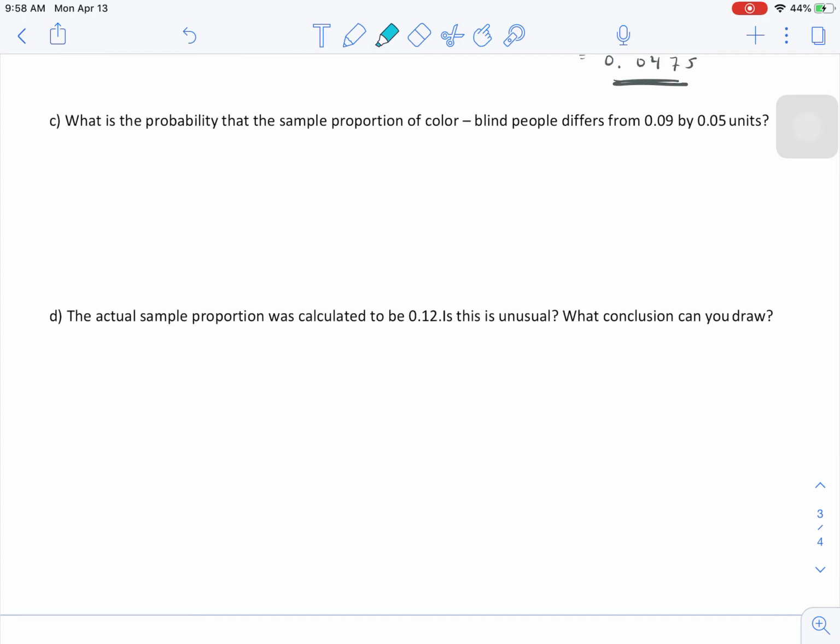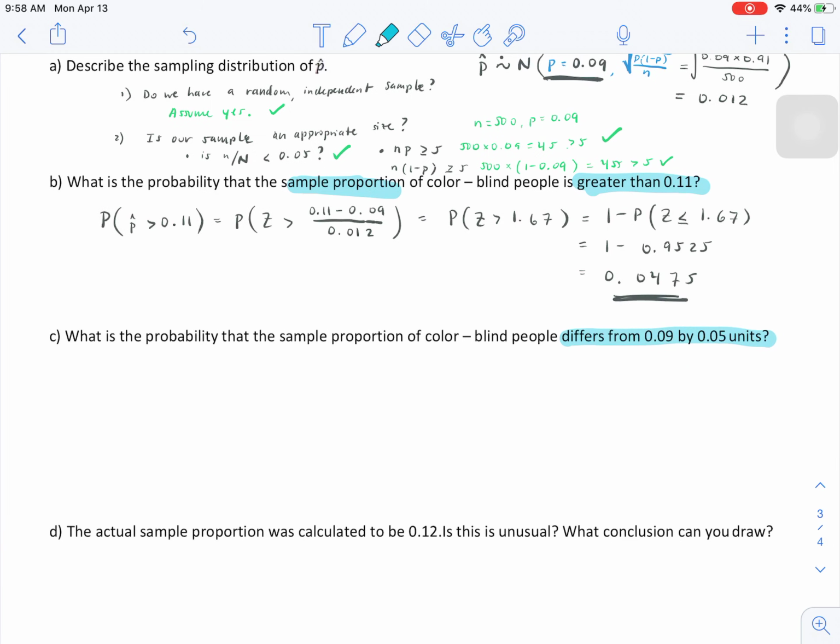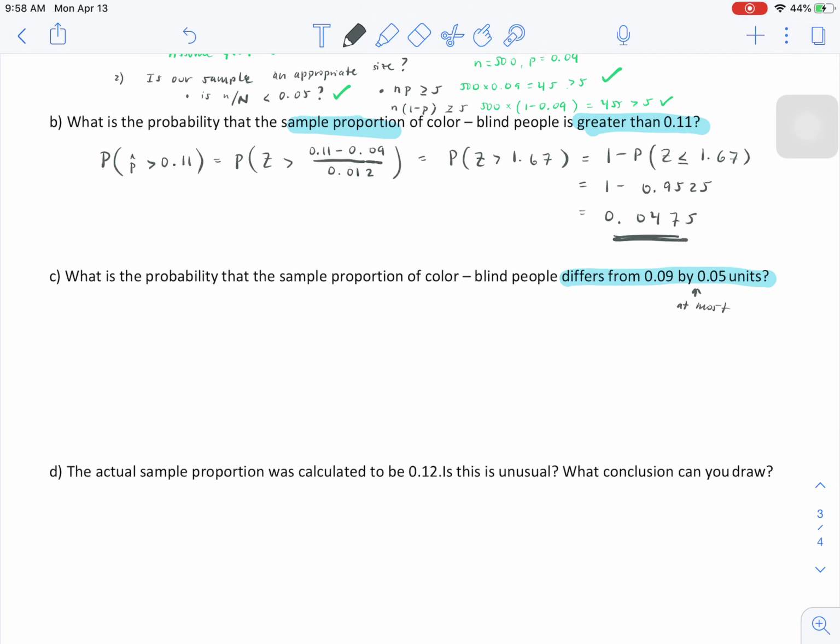Part C. What is the probability that the sample proportion differs from 0.09 by at most 0.05 units? This should really have an "at most" there. So what's the probability that the sample proportion p hat differs from 0.09 by at most 0.05 units?